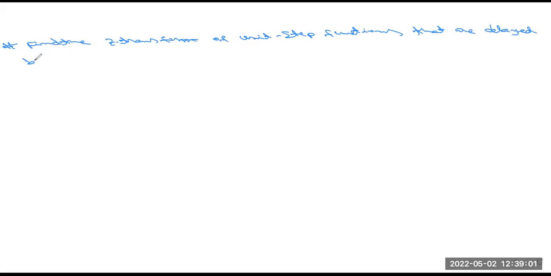Find the Z transform of unit step function that are delayed by 1 sampling period and 4 sampling period. Everyone write your own name and roll number into the chat box.